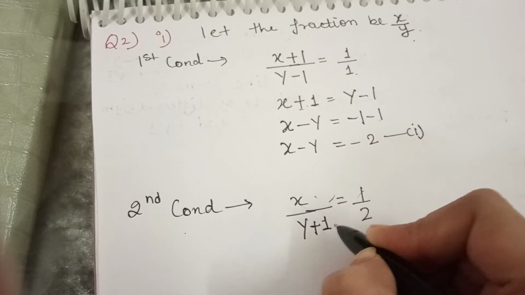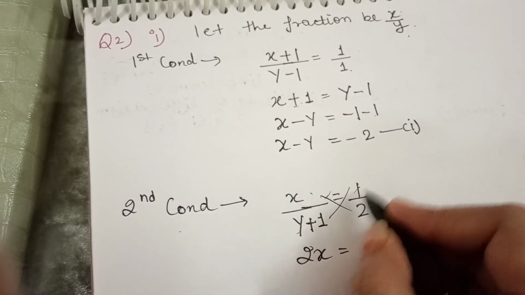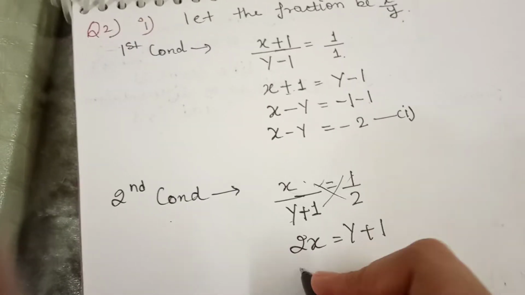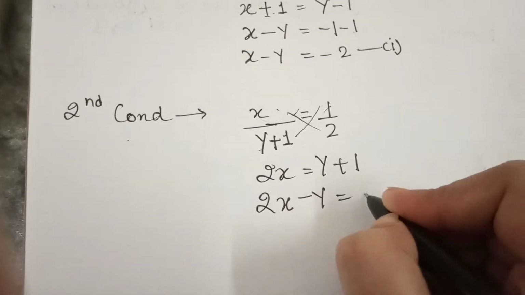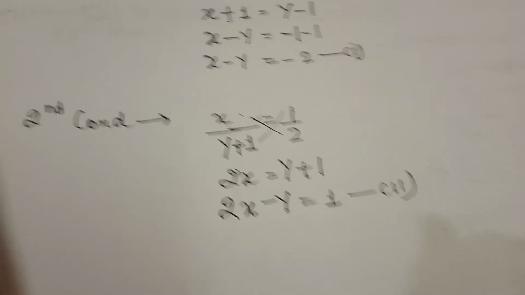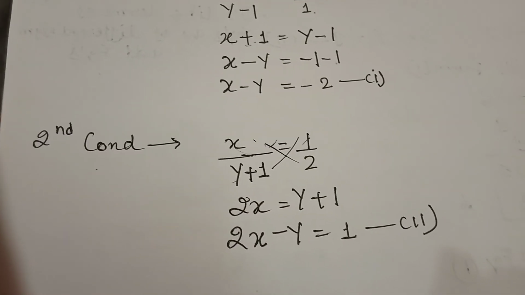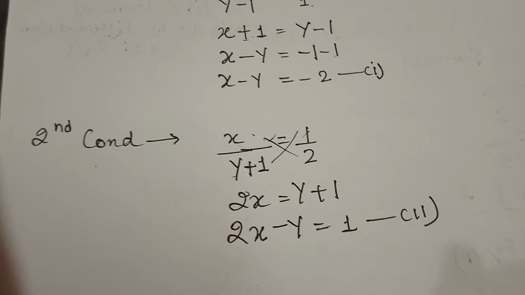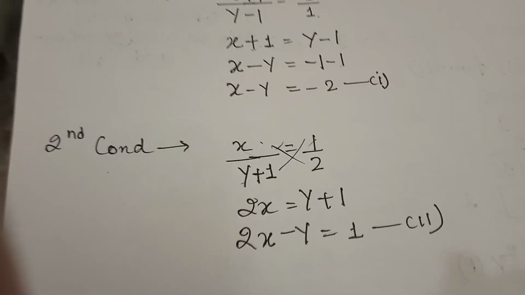Again cross multiplication. 2 into x, 2x, and y plus 1 into 1 equal to y plus 1. Standard form, 2x minus y equal to 1. So this is your second equation. Now you solve both equations by elimination method only, because it is written in the question that you have to solve these equations by elimination method.